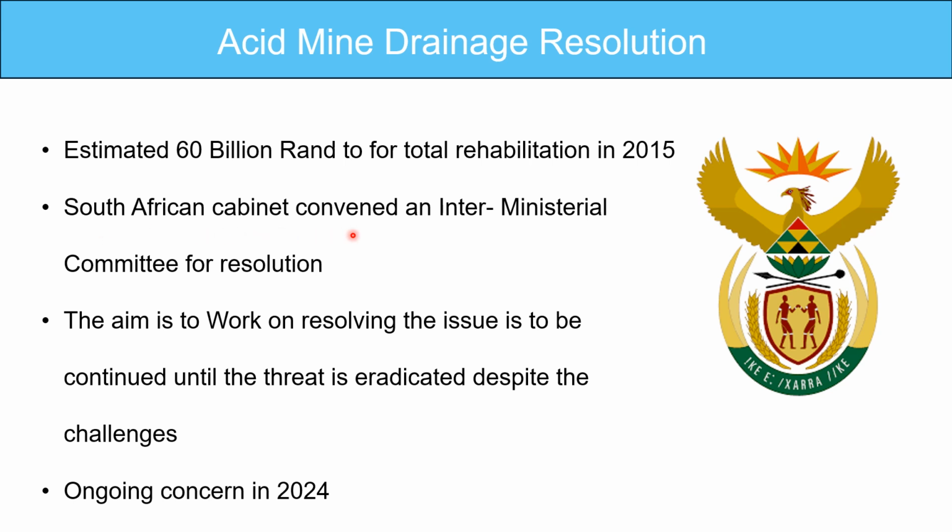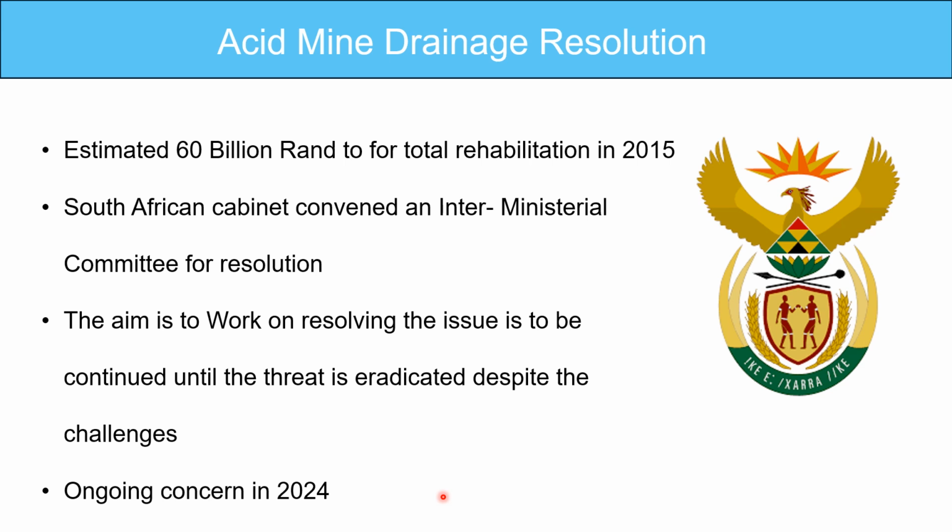The South African Cabinet did convene an interministerial committee to try and find a resolution a while back, and of course the aim was to work on resolving the issue until the threat is essentially eradicated. This is a very difficult thing because they've been working on it for many years now, and it is still an ongoing concern in 2024, which makes it a current environmental issue as well, and a very difficult thing to solve.